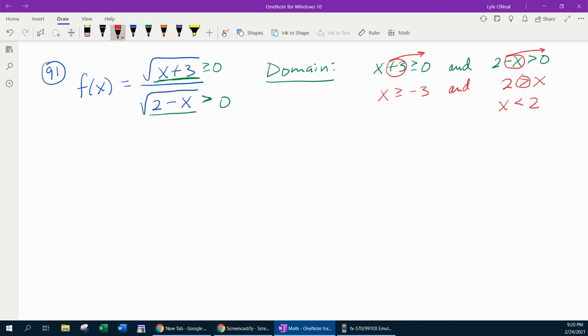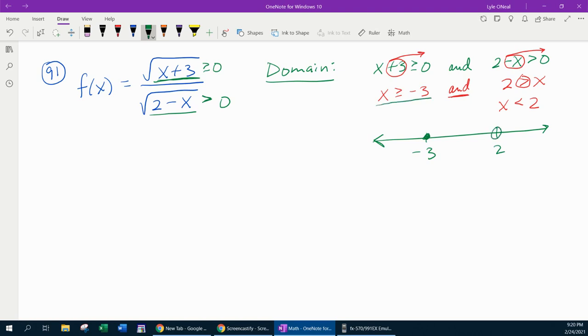Now, just for me personally, if I've got a compound inequality, since we have the word and, this is a compound inequality, the easiest way for me to figure out the domain is to look at a number line. So I've got two critical points. I've got -3 and 2. -3 is a solid dot. 2 is an open circle.